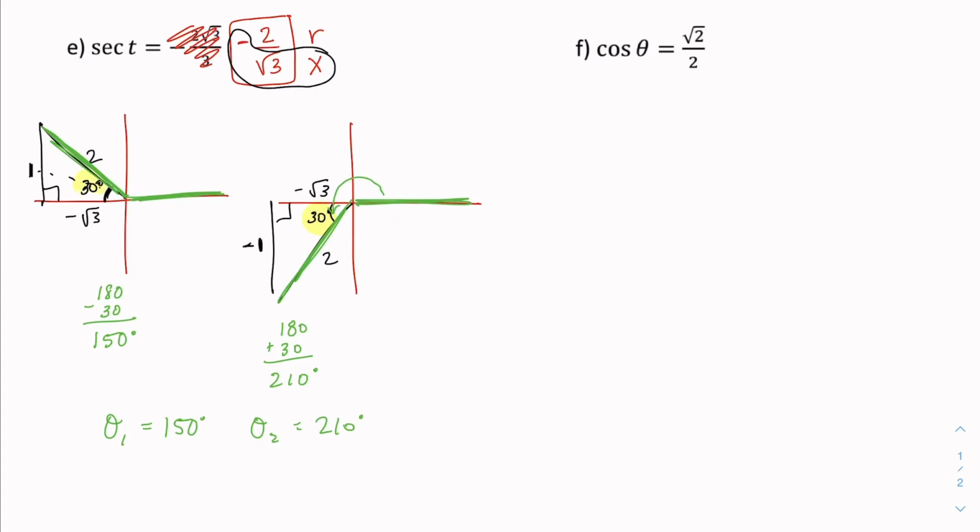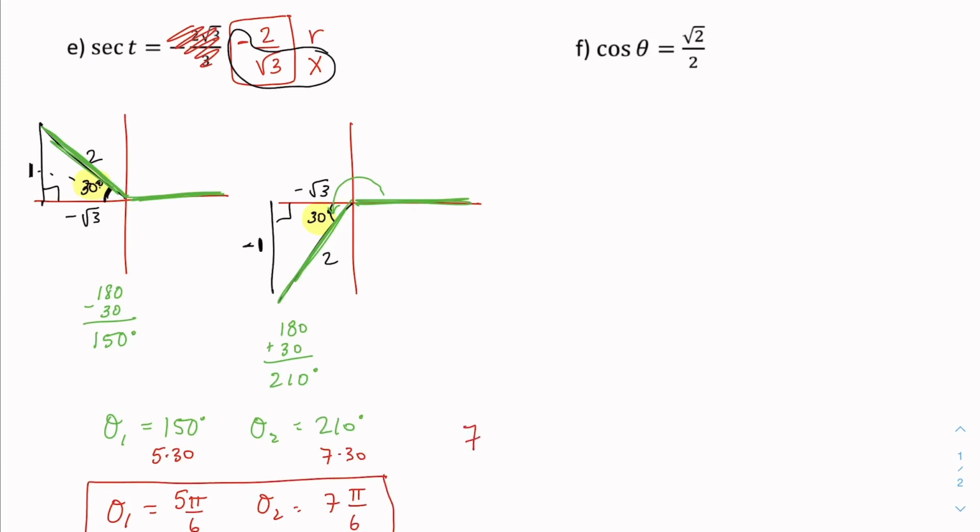Use your reference angle to help you begin. So since these are reference angles of 30, I know this will be 5 times 30, and I know that this is 7 times 30 because of 210. So my final answer is, for 150, that's 5, and 30 is pi over 6. And my second answer is 7 pi over 6.